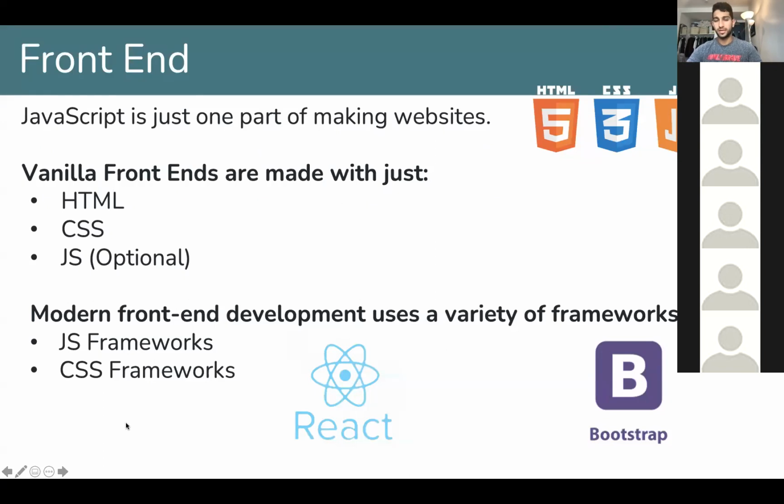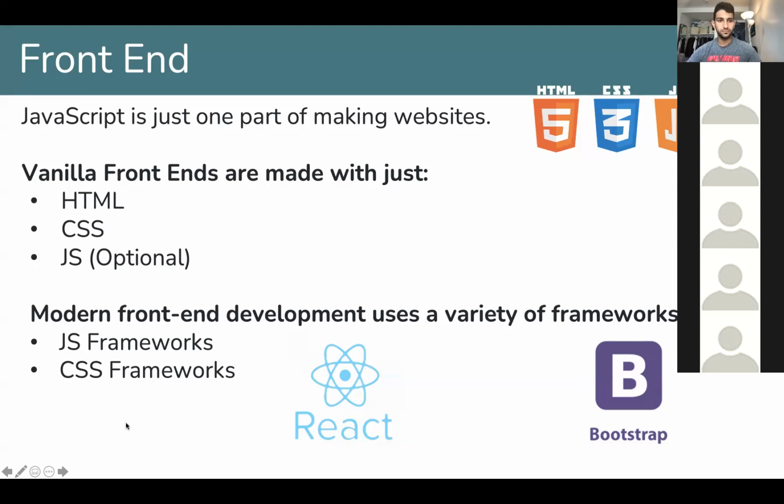So the front end, which is what you tend to build if you are a front-end web developer, is the thing that you actually see. It's the website itself, not all the logic and programming stuff in the background, which we've been building the skills for this entire time. The vanilla front end is made with 3 components: HTML, CSS, and JavaScript or JS, although you do not require JavaScript to make a website.